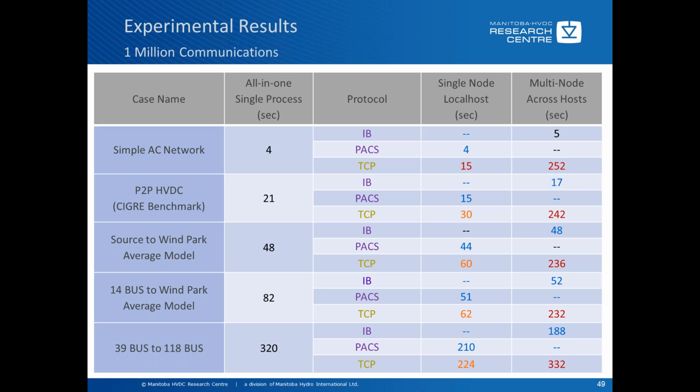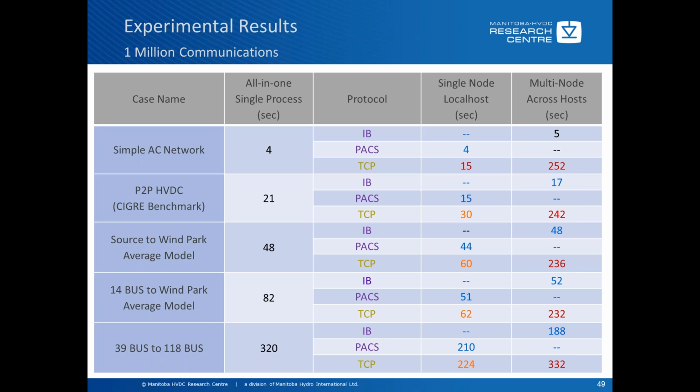For example, if we have a simulation running at 10 microseconds, we'll run the total simulation for 10 seconds. That makes 1 million steps. If we're running at 50 microseconds as a time step, we'll run for 50 seconds. Again, 1 million steps. That way we're comparing a one-to-one relationship.